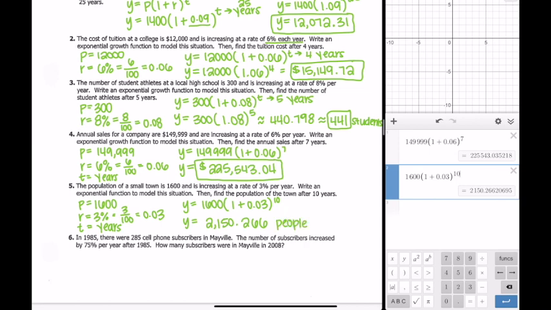So we are going to round this to the nearest whole number. That 0.2 does not round up the 2,150, so it's going to stay 2,150. And we're going to say that this is approximate.